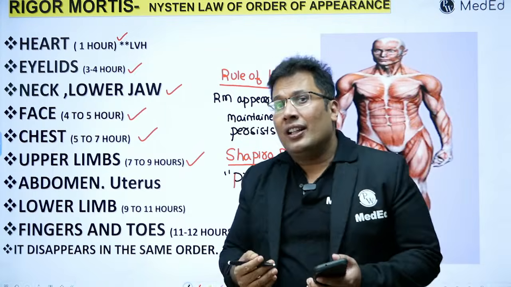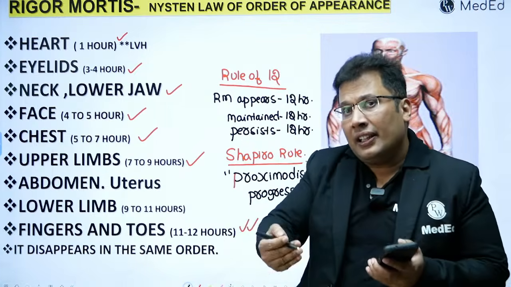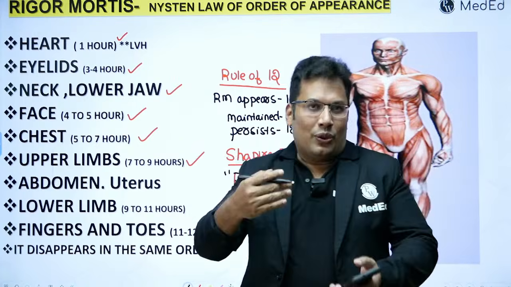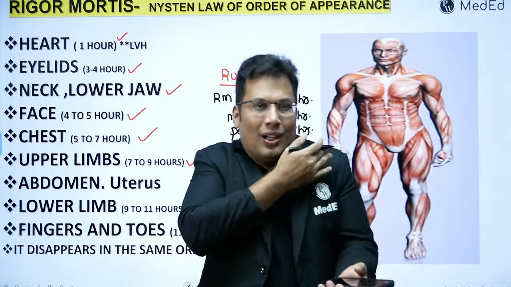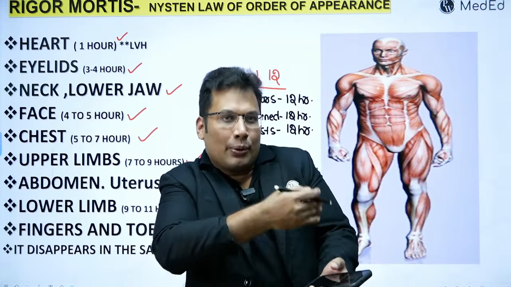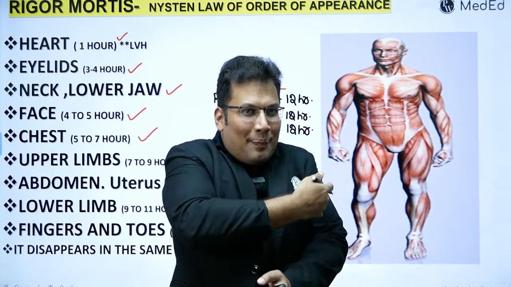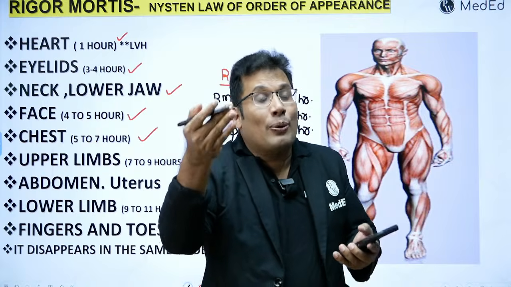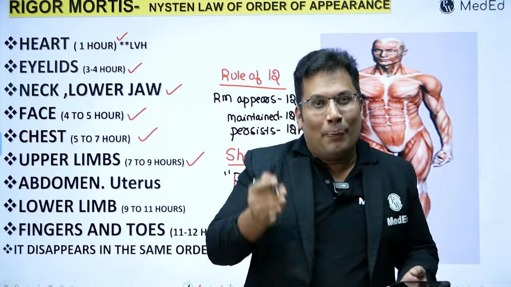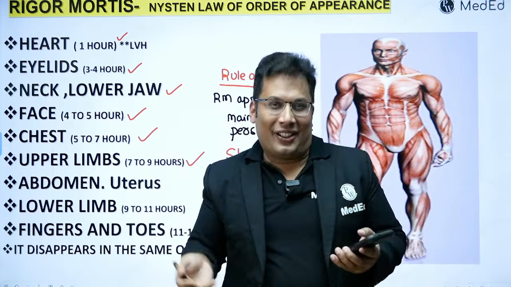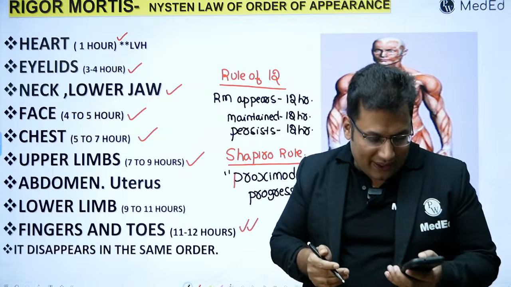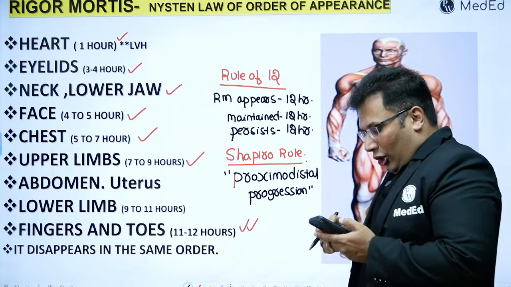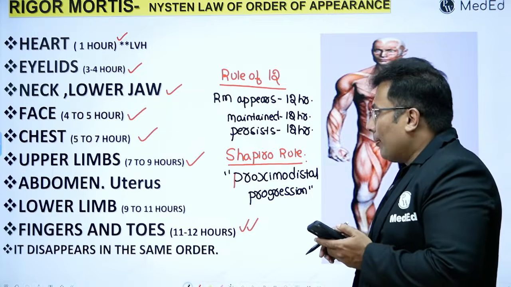That means it involves the proximal muscle, then the distal muscle. In the beginning it involves the biceps muscle, the triceps muscle, then the forearm muscle, and last the small muscles of the hands. Try to understand this. This is very important and commonly asked.